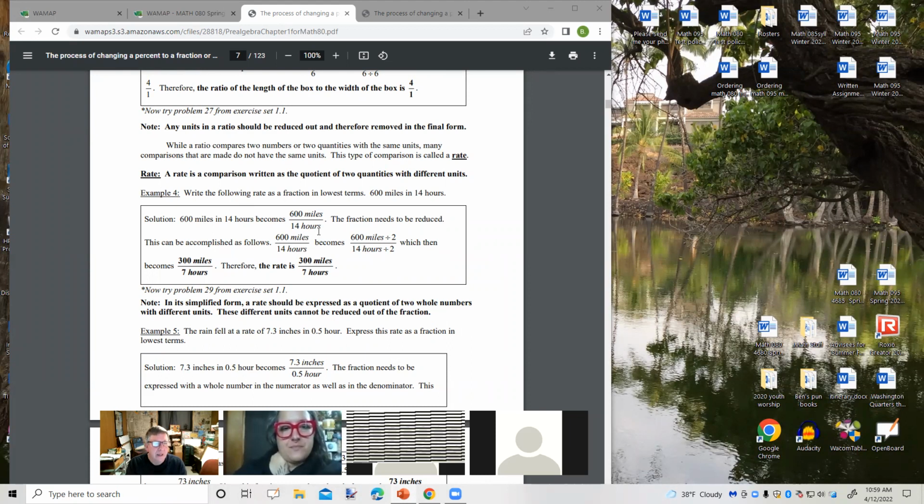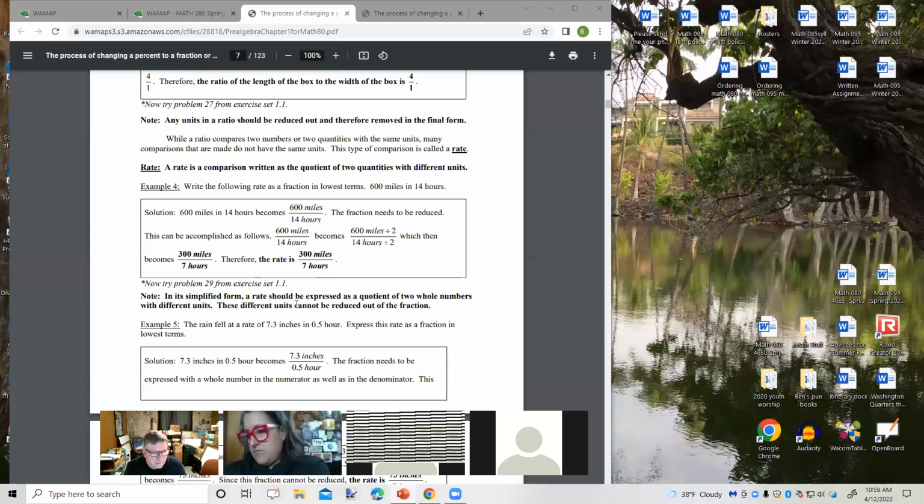A rate, we can't do that, because the two different quantities have different incompatible units. So in the final answer of a rate, the units are still there, like miles per hour, feet per second, chickens per hen house, or whatever.